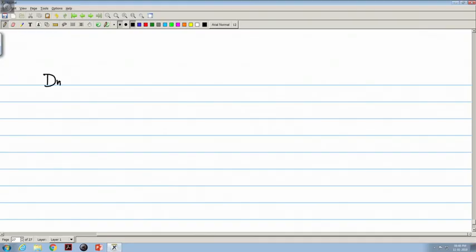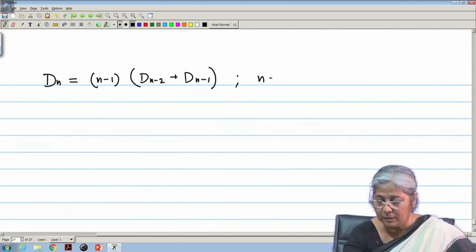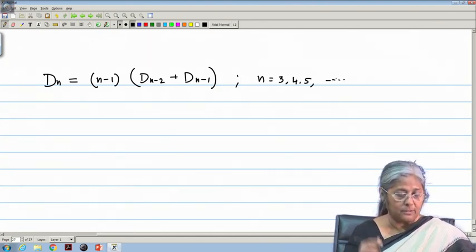We can prove it easily using the expression for Dn. Then I can write Dn is n minus 1 into Dn minus 2 plus Dn minus 1, and this holds for n equal to 3, 4, 5 and so on.